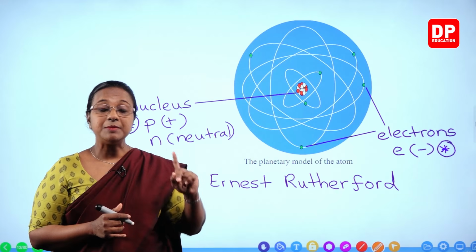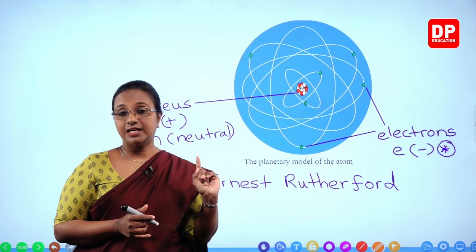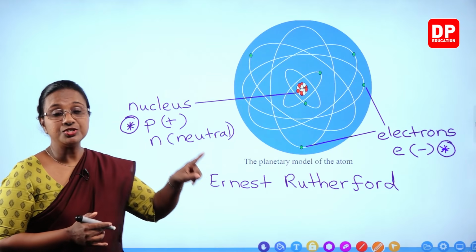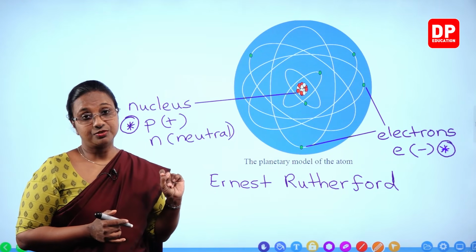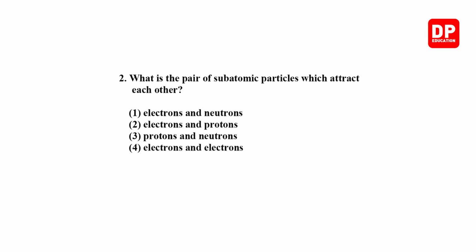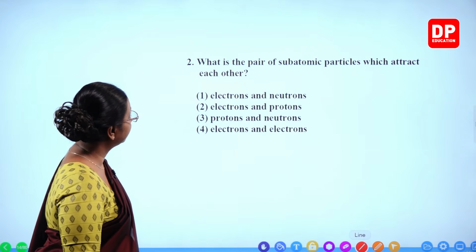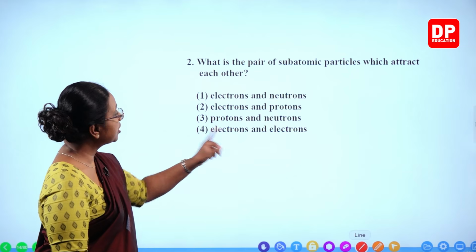So the subatomic particles that attract each other are protons and electrons. Positively charged protons and negatively charged electrons. Now if we look at the question, what is the pair of subatomic particles which attract each other? Electrons and neutrons?